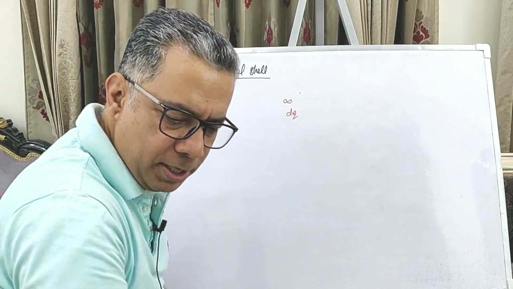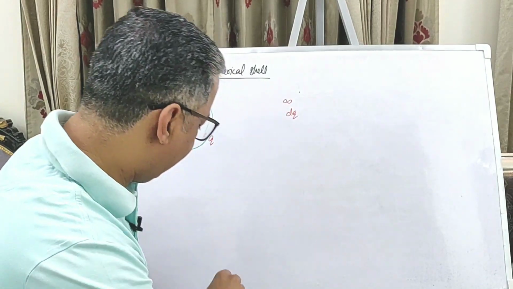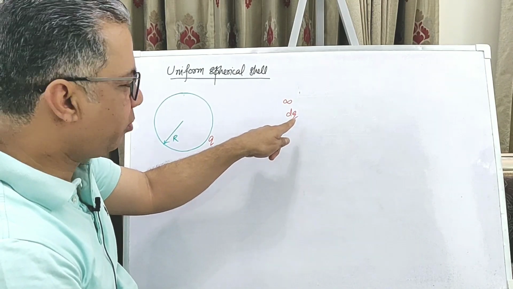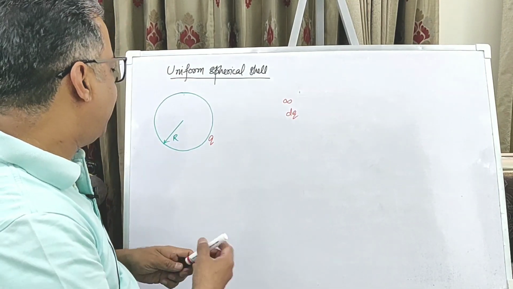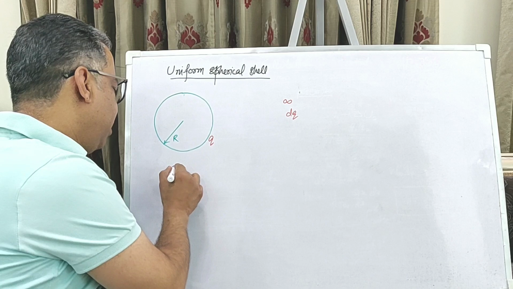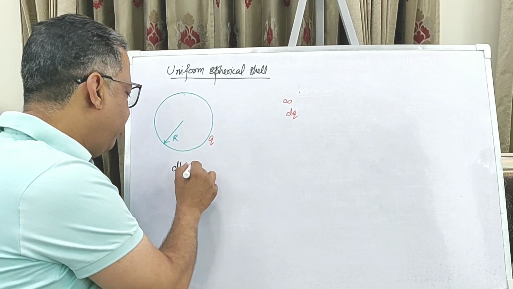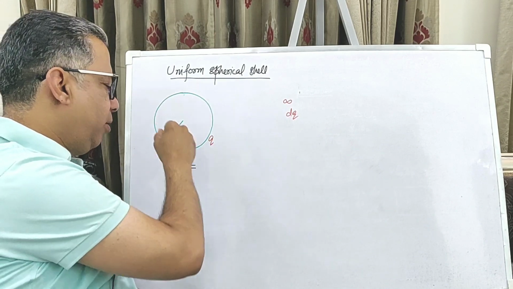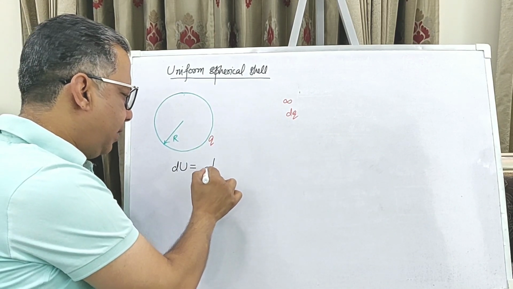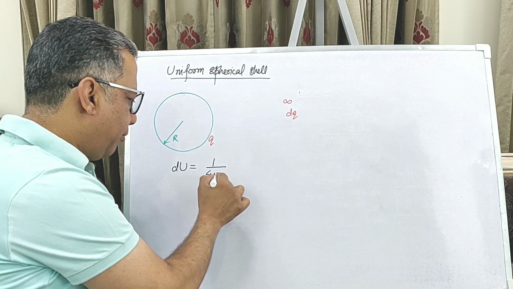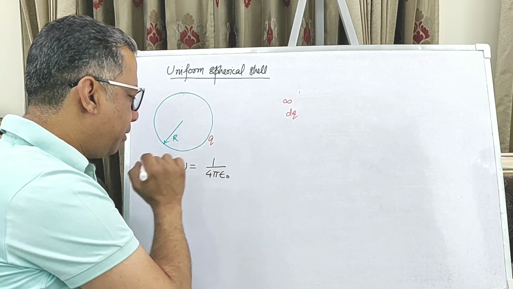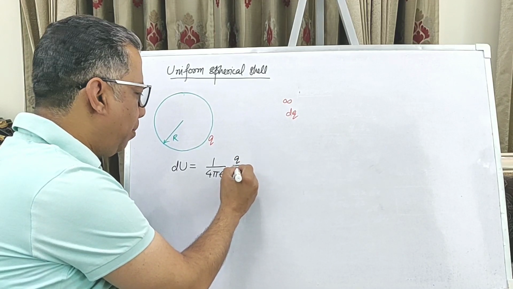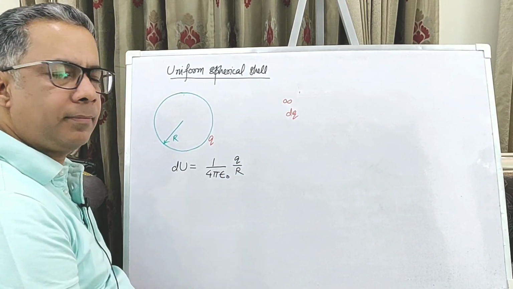Now in this particular step here, in this last step, when the charge here was q and we went to infinity, took charge dq and spread it all over, there's a certain change in potential energy involved. Let's say it's dU. Now because of the presence of charge q here, the potential is 1 by 4 pi epsilon naught q by r.